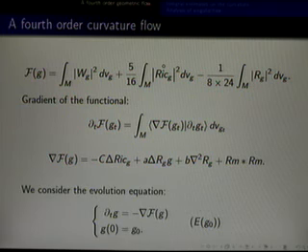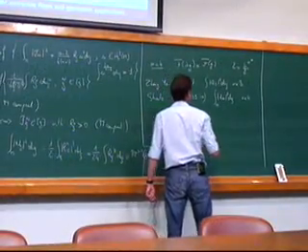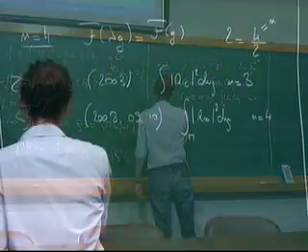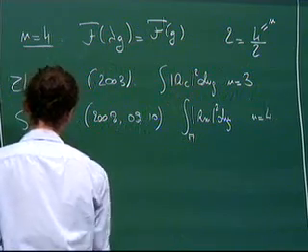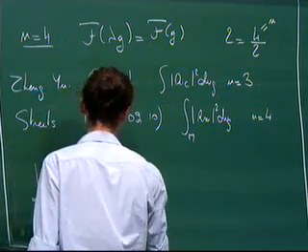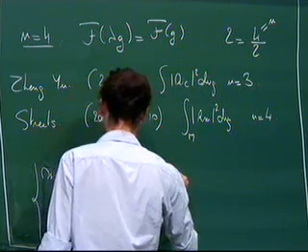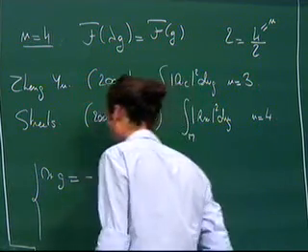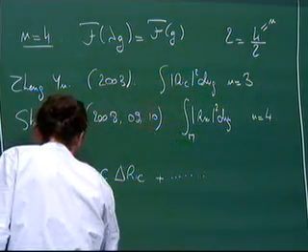So the equation we will study is this one. The derivative of the metric is given by minus the gradient of your functional, and the initial metric is given by some g0. The first question to ask is, do we have small time existence for such flows? It's given by something like that plus some other terms, and g equal g0.